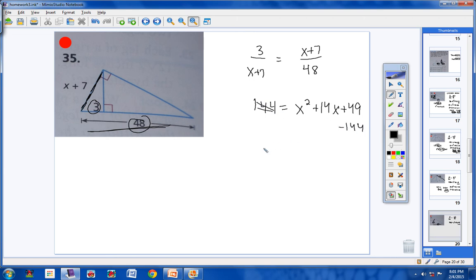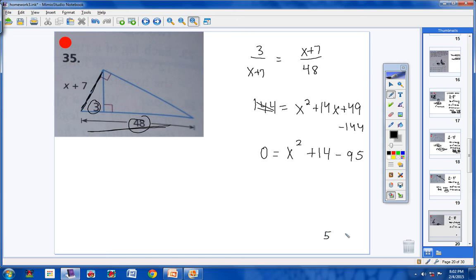And if we do that correctly, we're going to be left with x squared plus 14x minus, let's see, it would be 95, I believe. Yes, negative 95. Alright. So, what two numbers multiply together give me negative 95 and when added together give me 14? Well, I'm thinking 5. Yeah, 5 times 19, that's it.